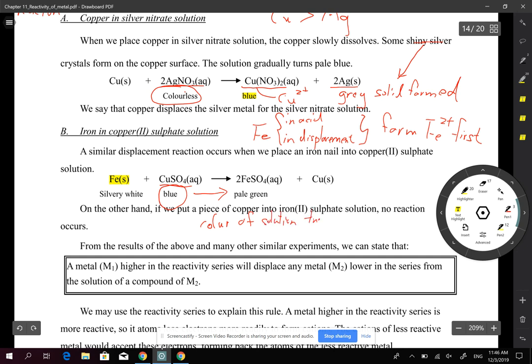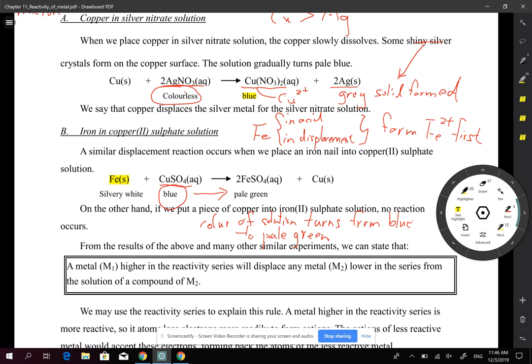What is the color of the solution in the reactants? Because in the reactants we have only the solution containing copper 2 plus, it must be blue in color.